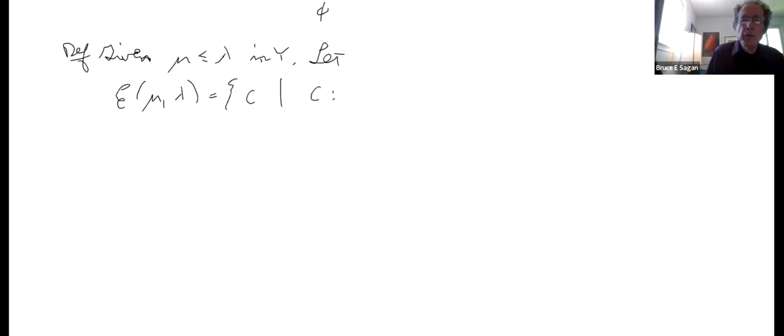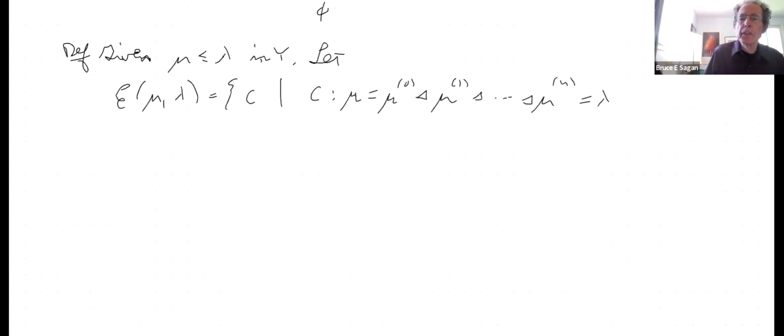So you start at mu, that's your mu zero. Sorry, I shouldn't use mu zero because that looks like an element of mu. I'm going to use superscripts here. So that's a partition mu zero. And then you take any partition which covers it. Remember, this was our notation for cover. And then you take a cover of that and you keep doing this until you get to some mu n, which is lambda. So just take a bunch of partitions, one after the other, in covers from mu to lambda.